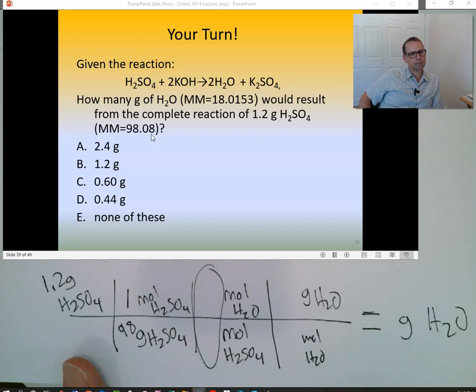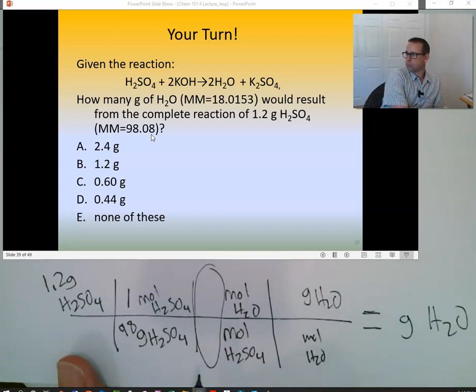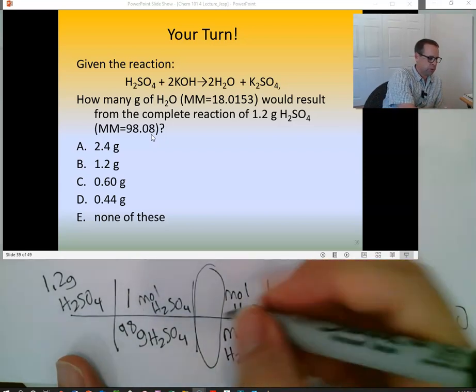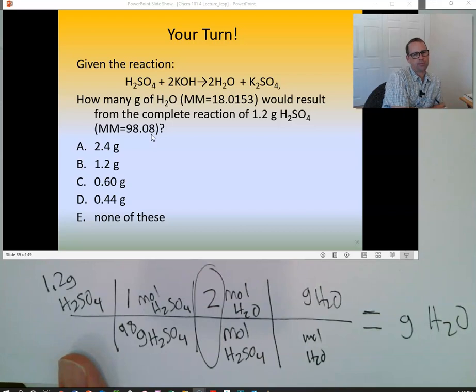So we're looking at the equation, and we see that it's, well, okay, 2, right? 2 moles of water, right?